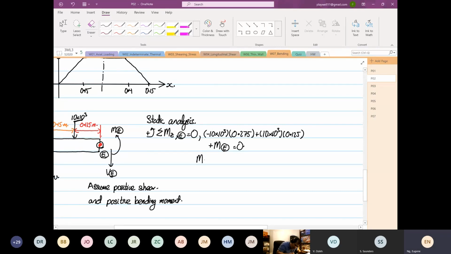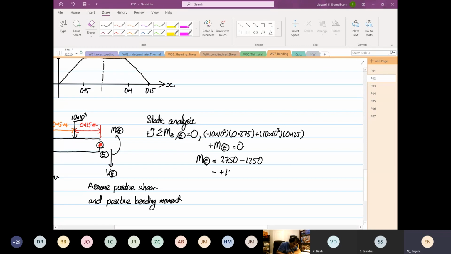So the moment at point E is equal to 10 power 3 times 275, which is 2750, minus 10 power 3 times 125, which is 1250. So the moment at point E, 2750 minus 1250, is equal to 1500.